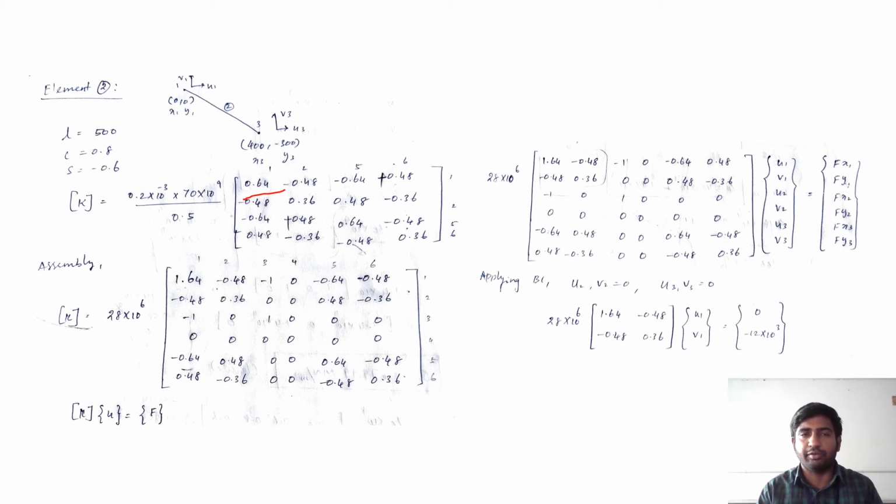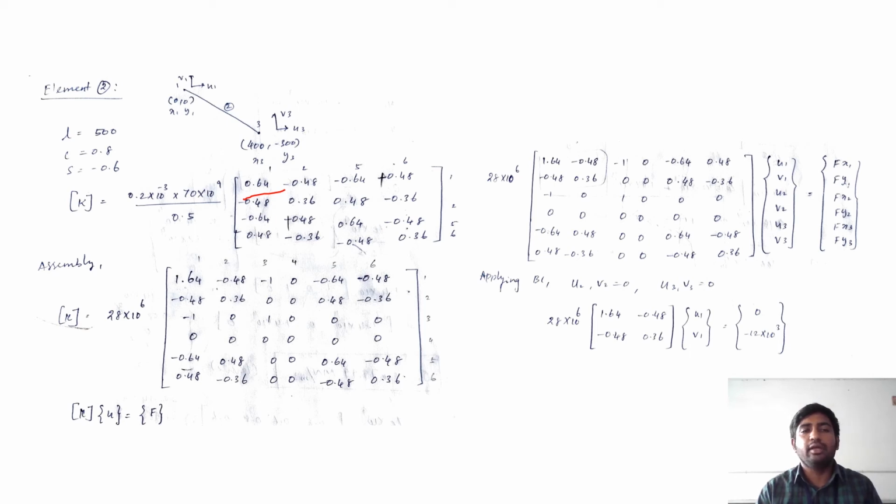Here the value is 0.8, and the value of the previous matrix is 0, so 0 plus minus 0.48 is equal to minus 0.48. Similarly the other values, 1 1, 2 1, 3 1, 4 1, 6 1, 5 1, are calculated. So finally the assembly is done here.